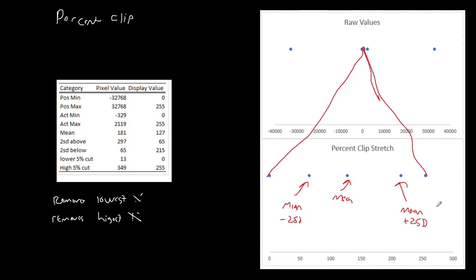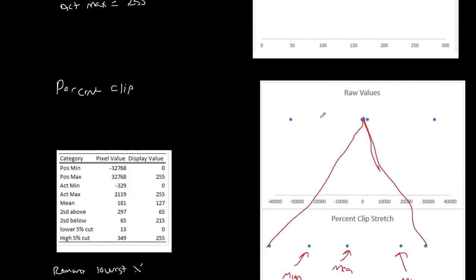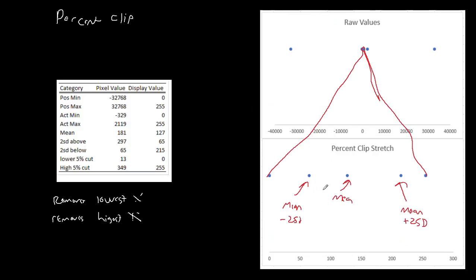All right, so you can see percent clip, right? This was the minimum. This was the lower 5%. This was the higher 5%, right? So this was all stretched. Now you can see we've really spread apart the data. In the next example we go through, we'll actually look at some imagery that shows this. So hopefully that makes sense, right?